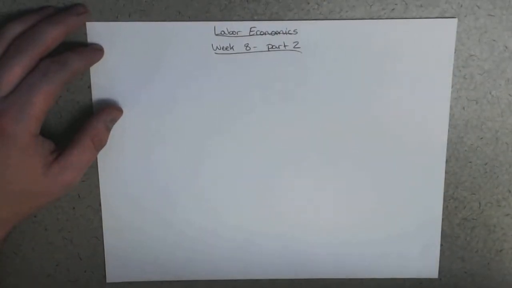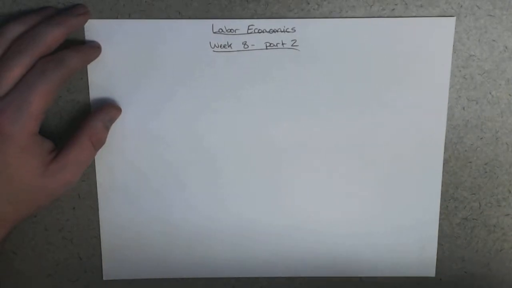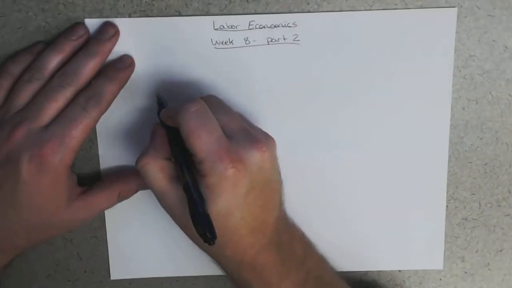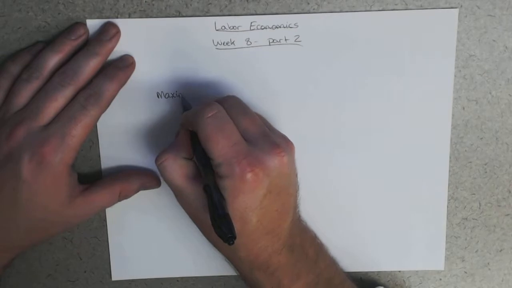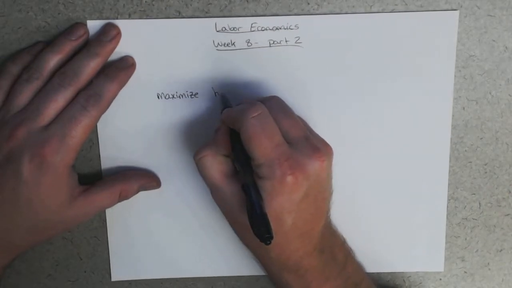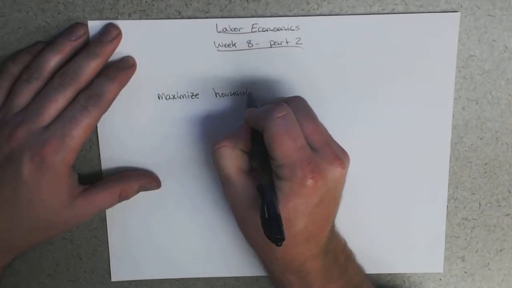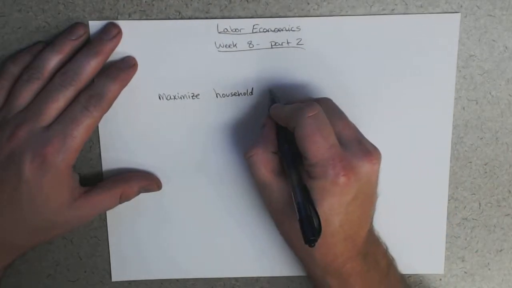And what we want to implicitly assume is that the goal is to maximize household happiness or utility.